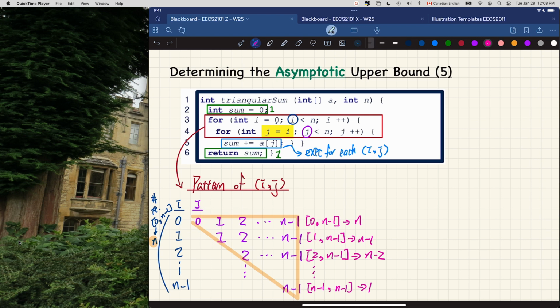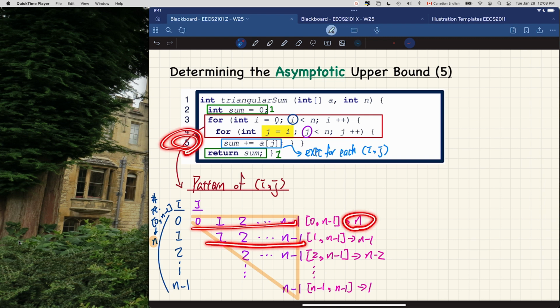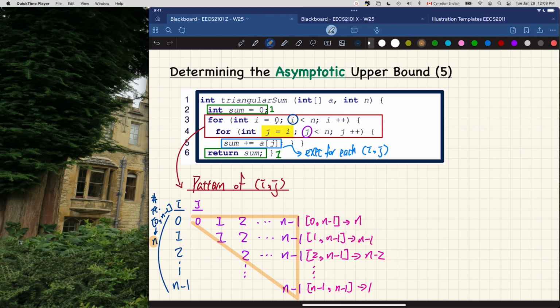So for row number 1, it tells you that line number 5 is going to be executed n times. For row number 2, it tells you line number 5 is going to be executed n minus 1 times. So what we've got to do is sum up n, n minus 1, n minus 2, and 1. That's what we're going to do. All right? Let's highlight it. n here, n minus 1 here, n minus 2 here, and 1 here.